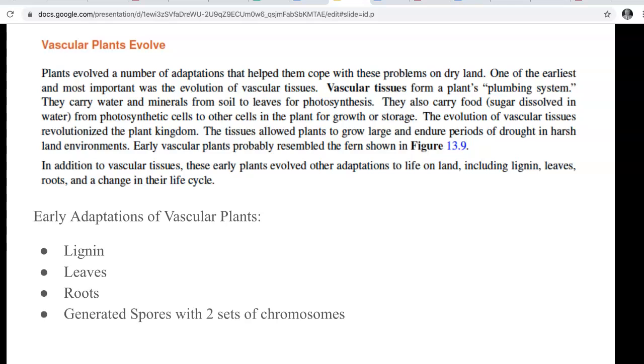So those are plants that have internal, what your book calls plumbing. They have xylem and phloem that moves liquids up and down with nutrients in them. Vascular plants also started to evolve lignin. Read about what lignin is, leaves, roots, and spores with 2 sets of chromosomes, which allowed for more diversity in their breeding.